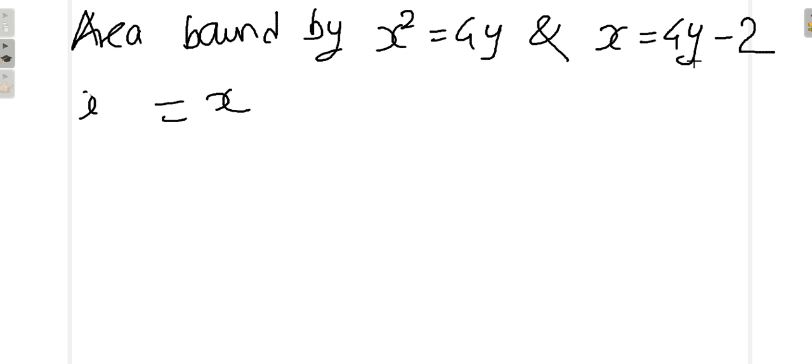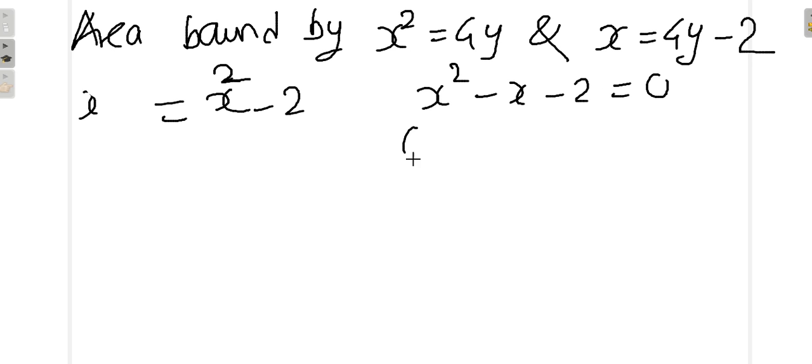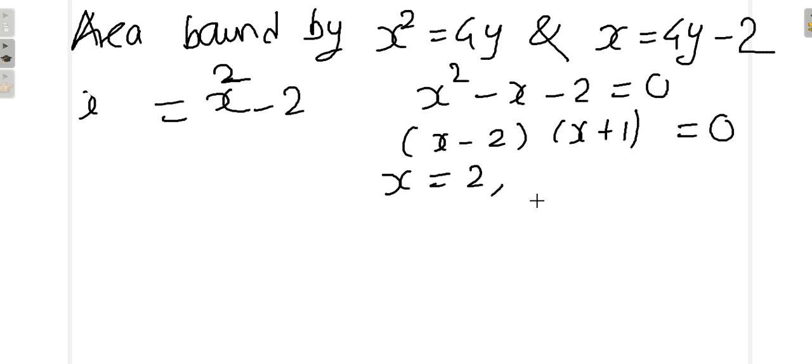To solve this, we get the two x coordinates as x equal to 2, x equal to minus 1.